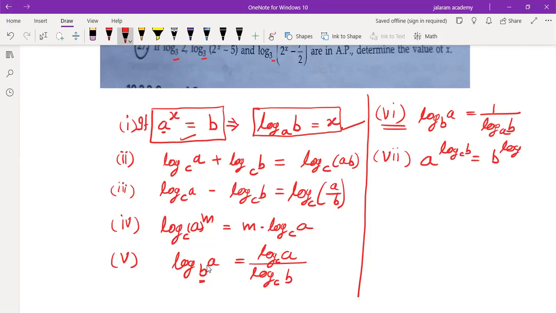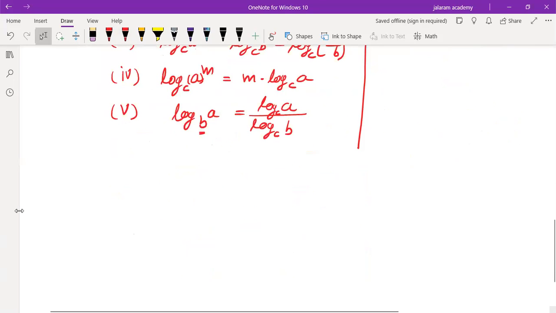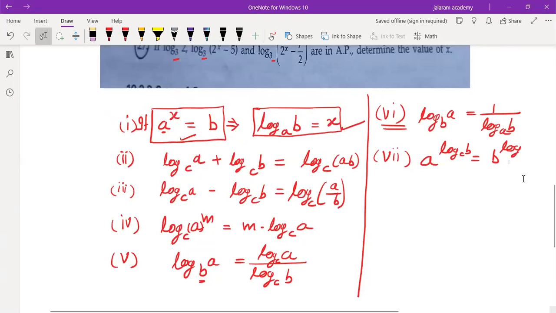Third property, log a to the base c minus log b to the base c equals log a by b to the base c. Fourth property, log a to the power m to the base c equals m into log a base c. Fifth property, log a base b equals log a to the base c over log b to the base c. Sixth property, log a base b equals 1 upon log b base a.